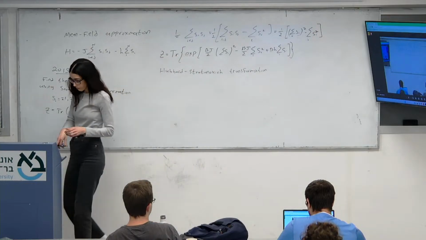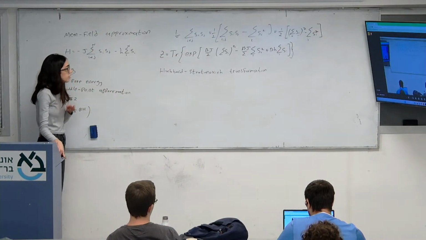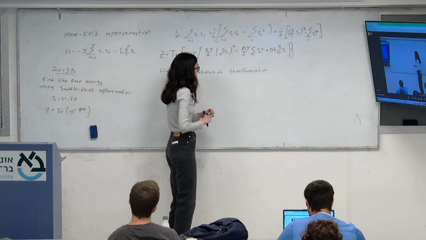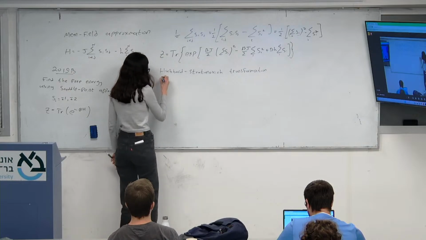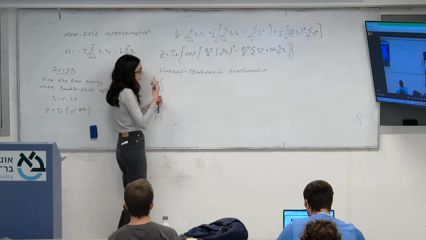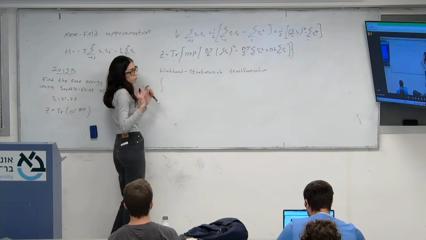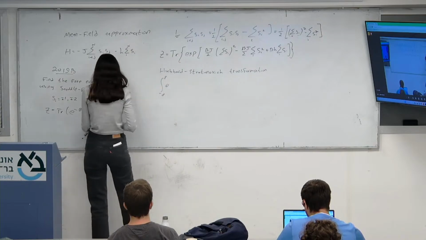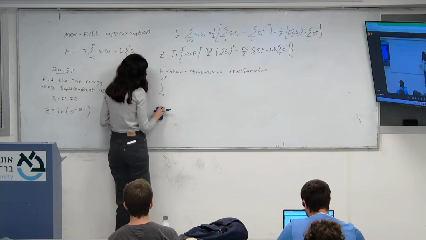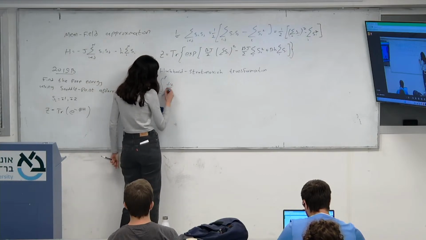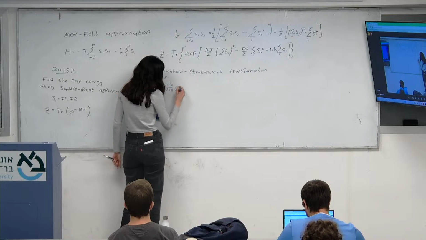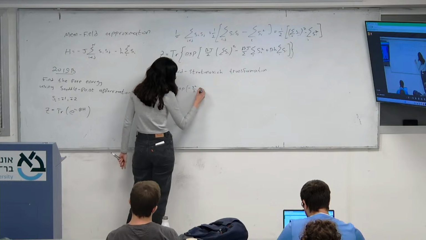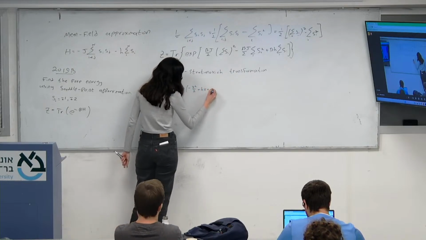So the transformation is basically that. Let's take a Gaussian integral just for fun. So we have the integral of an exponent of minus x squared over 2 plus bx plus c.